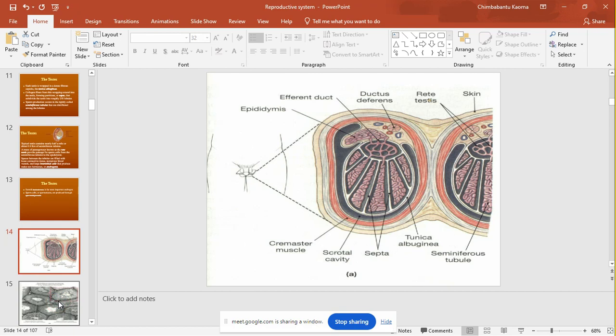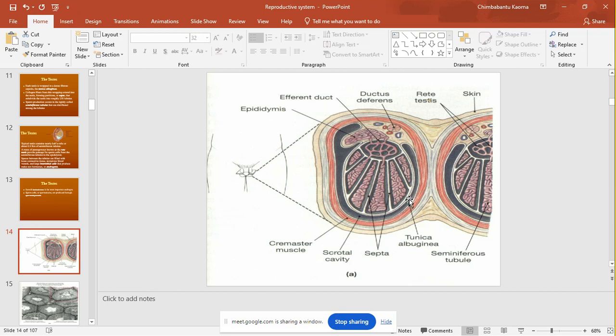In this diagram here, ladies and gentlemen, again, it's a section through the testis. You can see that we're starting with the scrotum, and we do have this layer of muscle, which we said is the cremaster muscle, and just inside it we've got our scrotal cavity.